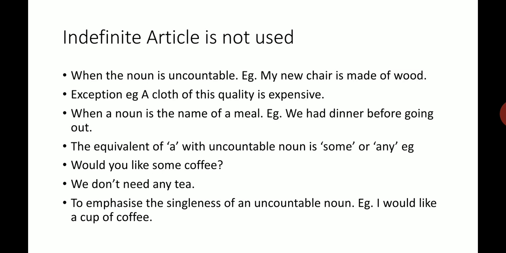The uncountable noun is coffee. It cannot be counted. So before that we don't use a. We can use some. But since we are saying a cup of coffee, cup can be counted. So in order to emphasize the singleness of the uncountable noun, we must put in front of it a phrase like this.